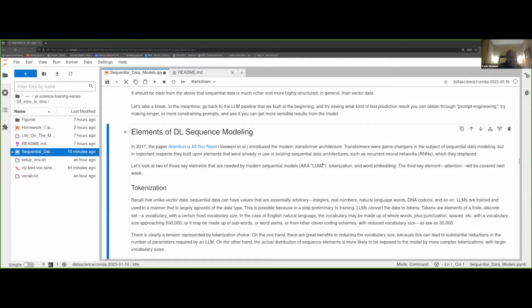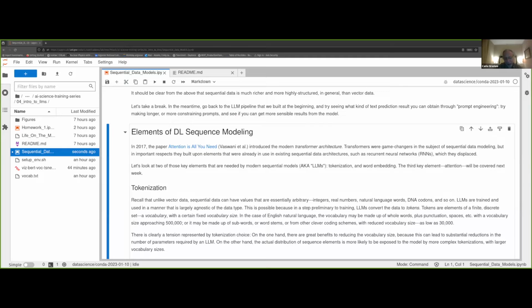Okay, so we're going to not exactly deep dive, but maybe shallow wade into some of the elements of sequence modeling for deep learning sequence modeling. And really, at this point, we're talking about the modern transformer architecture. I mean, transformers aren't the first attempt that's been made to model sequences.